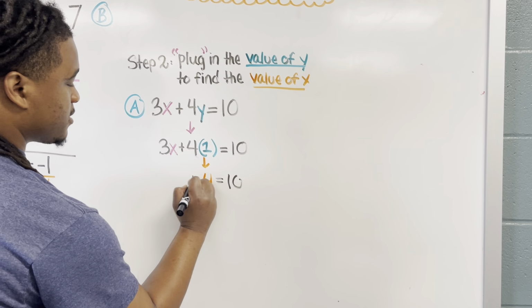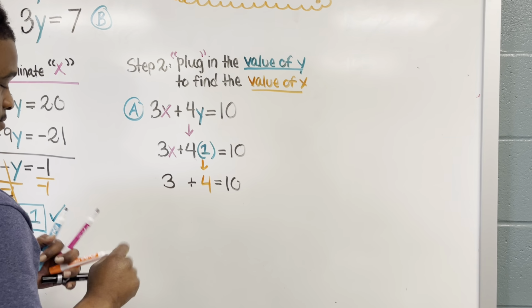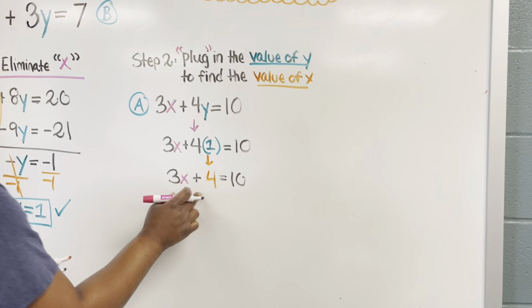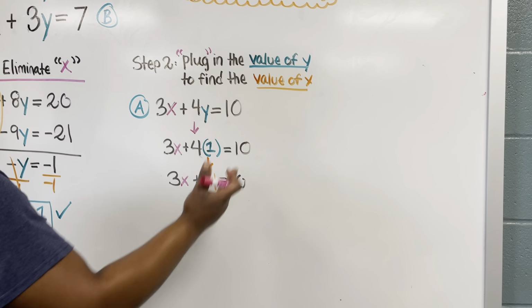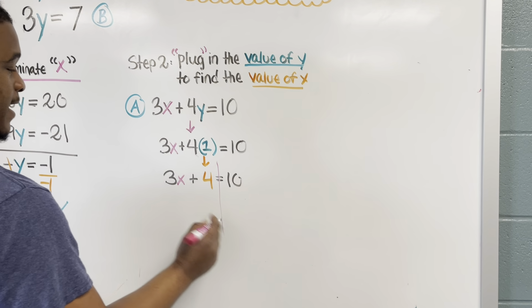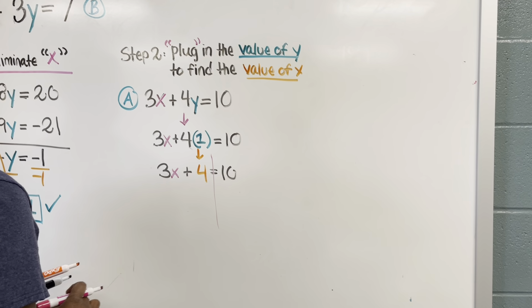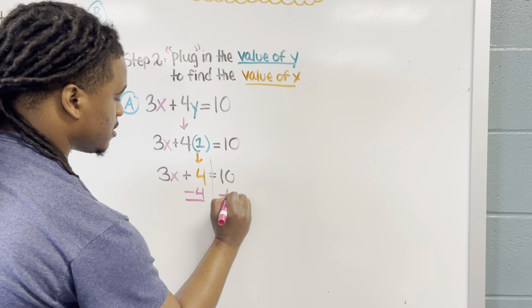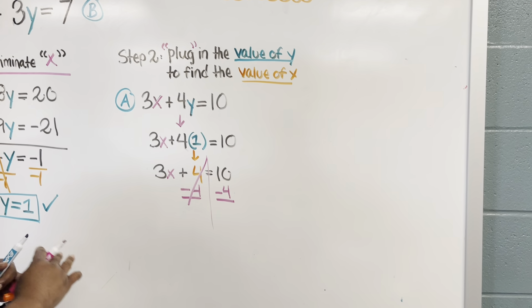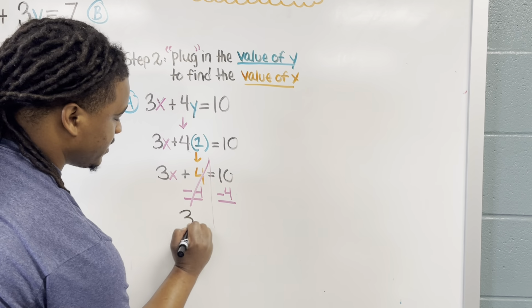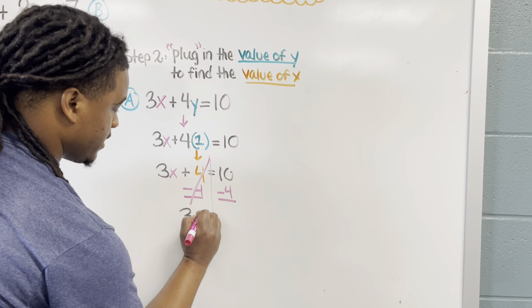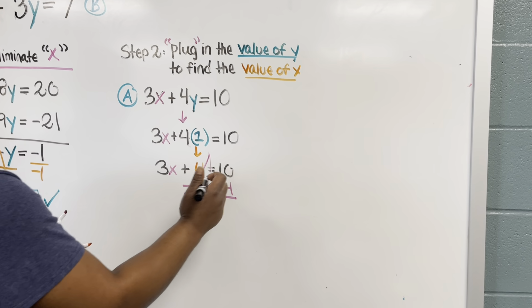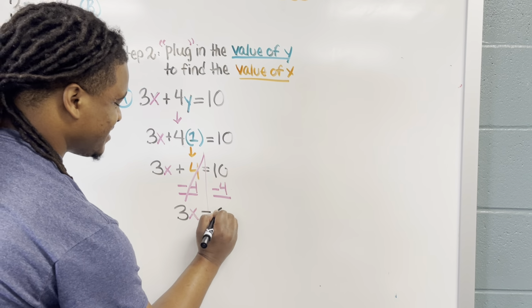And then everything else comes down. I still got 3x. I need to get 3x by itself on the side. So I'm going to have to move the plus 4 to the opposite side. And the inverse of that is minus 4. That cancels out. So now I have 3x equals 10 minus 4, which is 6.